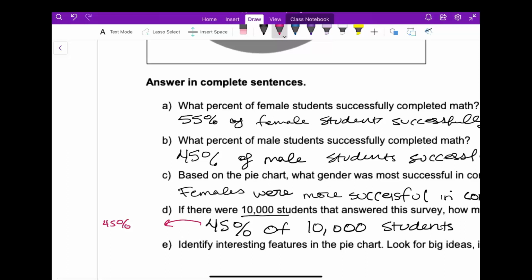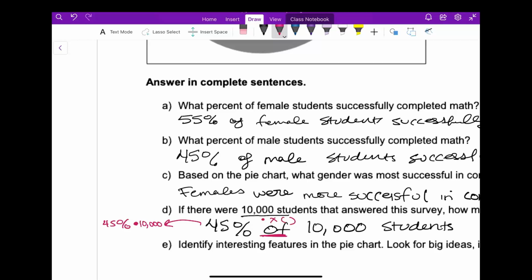45% of, here's a math concept, this is going to be multiplication. So you can use the little dot, or you can use the times, or you can use the parentheses. Okay, now one more thing we got to do. So the only thing I kind of focused on was that of.